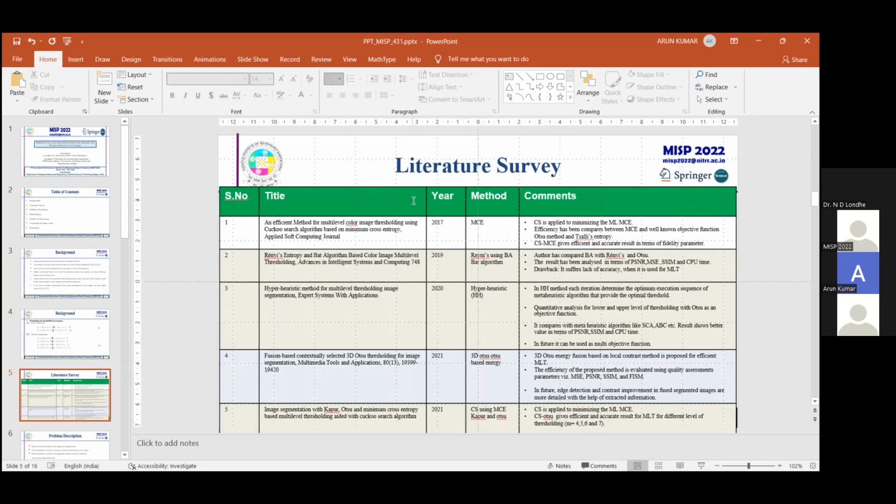Now come to the literature survey. The first paper is an efficient method for multi-level color image thresholding using the cuckoo search algorithm based on minimum cross entropy.